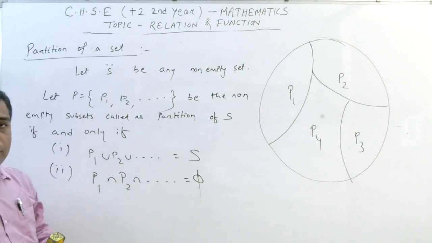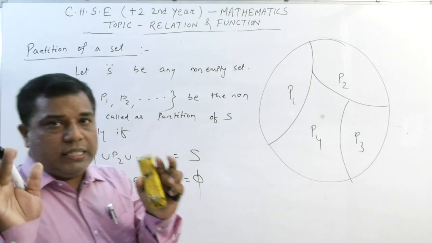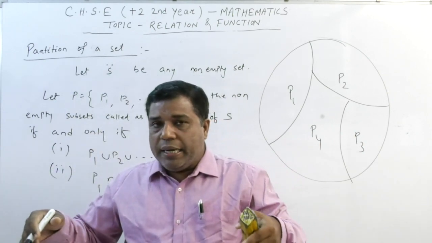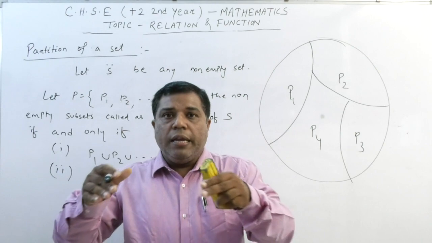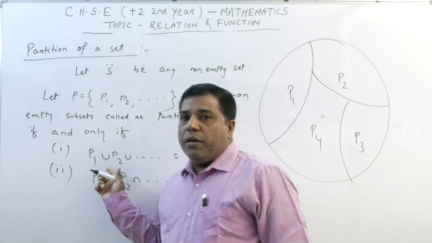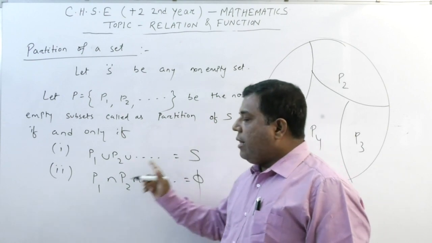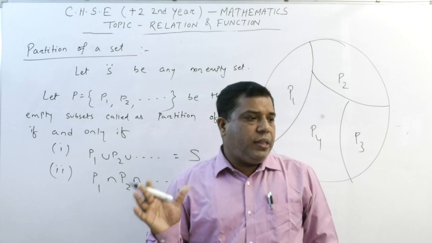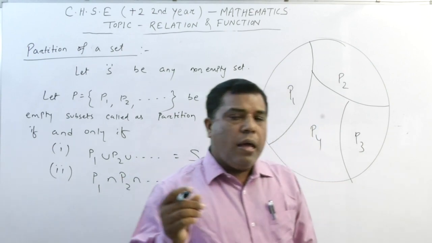Partition means one set is there, and we have to partition it in the form of subsets such that their union is equal to the total set, and their intersection is empty. They are not overlapped with each other. That is the meaning of partition.